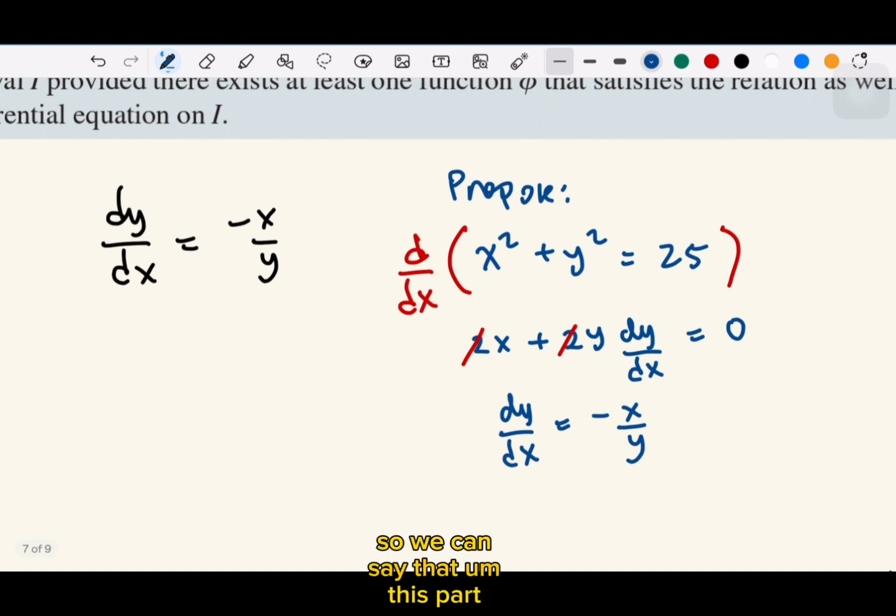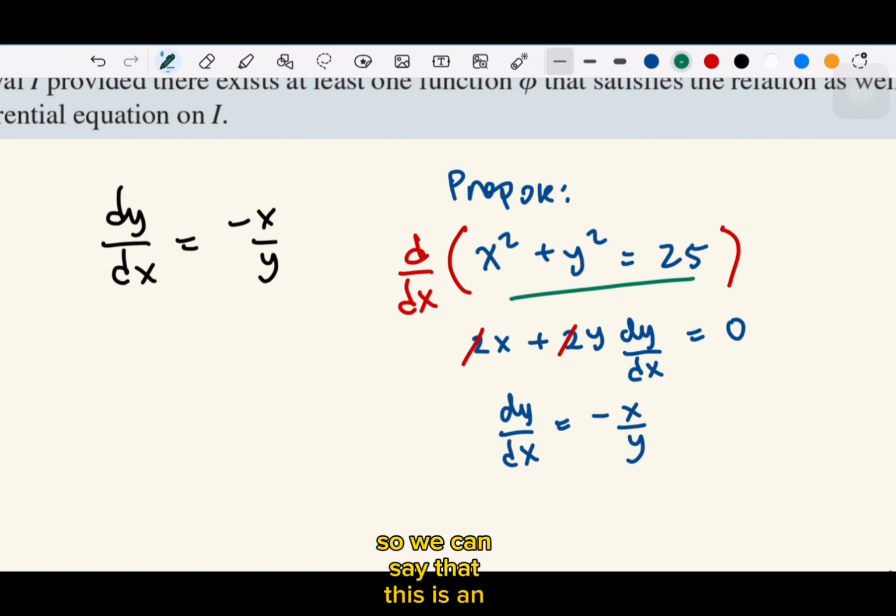So we can say that this part, since we are using implicit differentiation, and why implicit? Because we take the derivative of y just like with x, but because y is a dependent variable with respect to x, we need to add this dy/dx, right? So implicitly we are having some solutions.